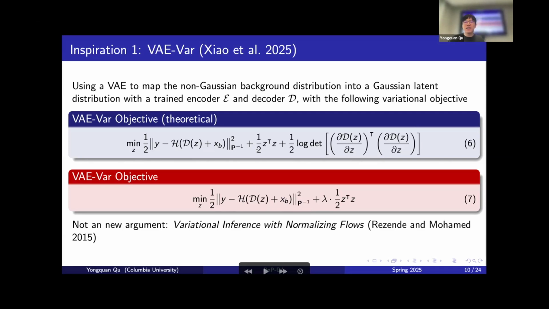The second one is that if a machine learning model is involved, it's a little bit hard to handle the F term and the R term together and take gradients to do gradient descent.